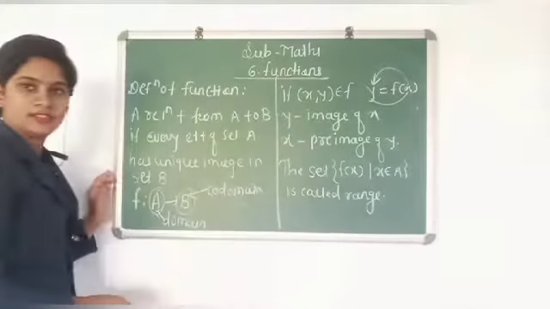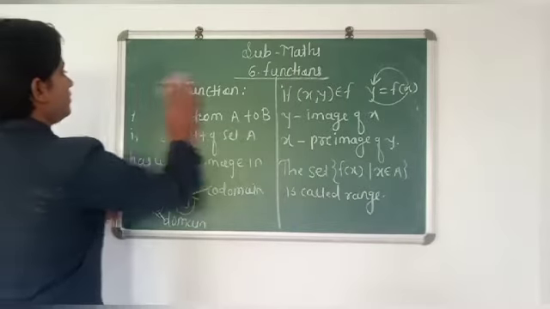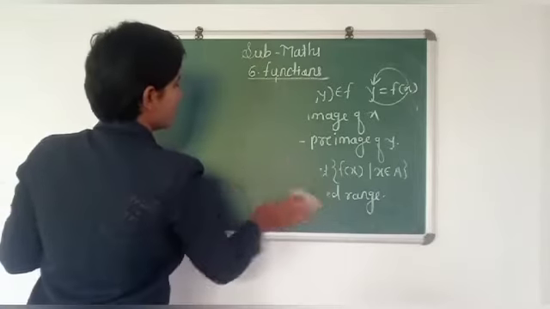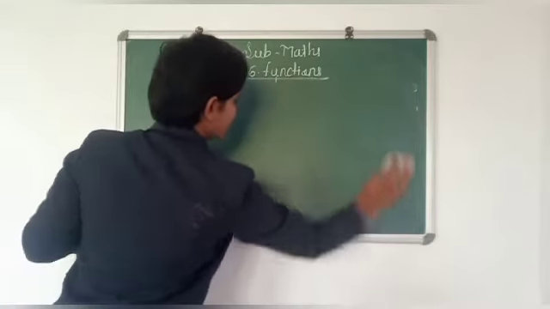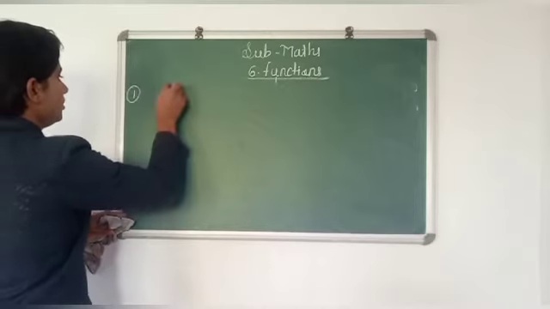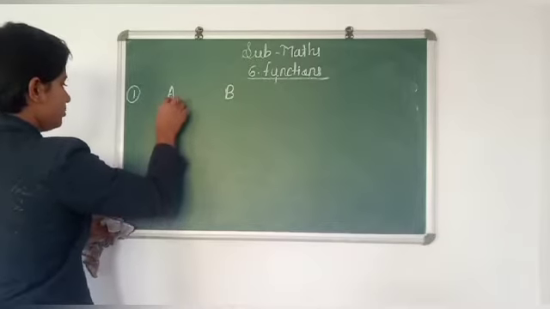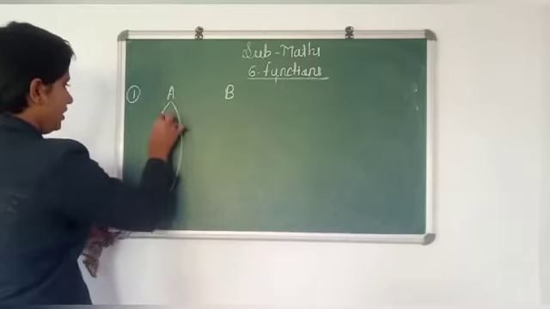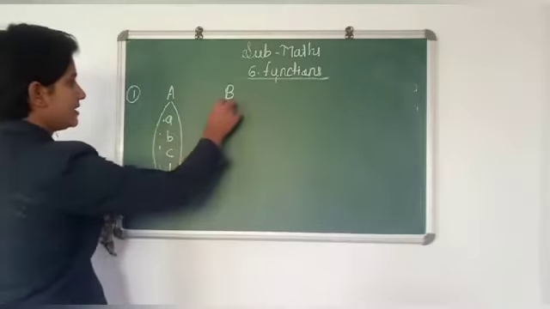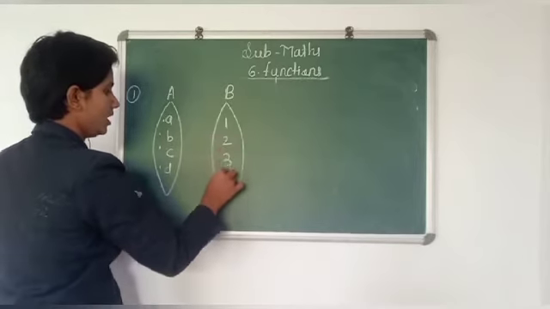Now let's see some examples based on this topic, functions, to identify whether the given relation is a function or not. In the first example, set A contains four elements A, B, C and D, and set B contains four elements 1, 2, 3 and 4.